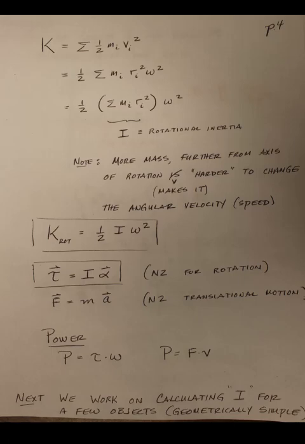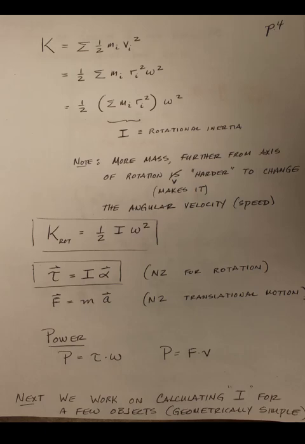Note that if there's more mass further from the axis of rotation, that makes it harder to change the angular velocity, harder to accelerate with an angular acceleration. And we define the kinetic energy of rotation as 1/2 this rotational inertia, or moment of inertia, times the angular speed squared.